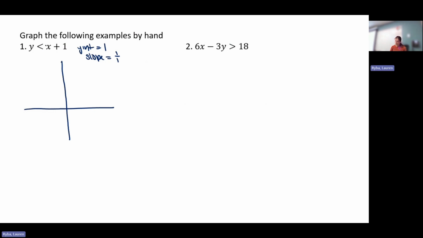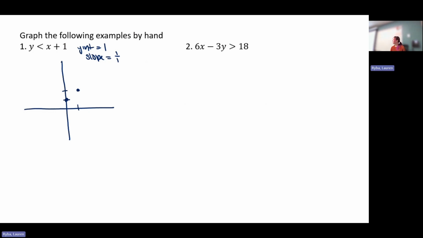So the number in front of the x is an invisible 1. You put it over 1. So you find your y-intercept, which is at 1, and you put a dot. We then move our slope up 1 and over 1 from that point, and you put your second dot.